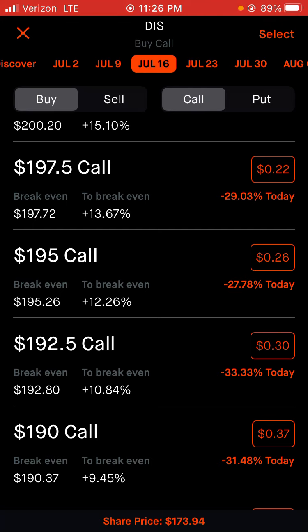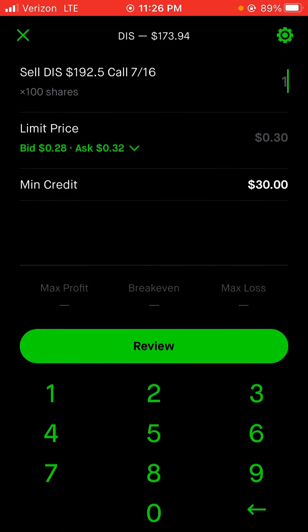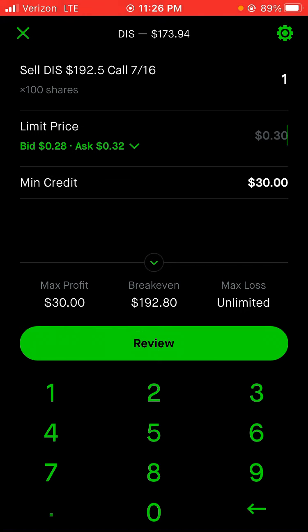When the stock price rises, that 192.50 will eventually be worth $37, while the 190 price will increase as well. So in that case, you would select the 192.50, and it'll be at $37. That's your initial investment that you're going to collect back.